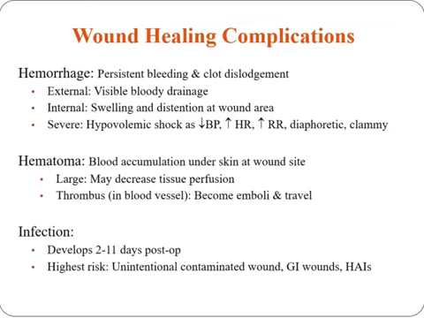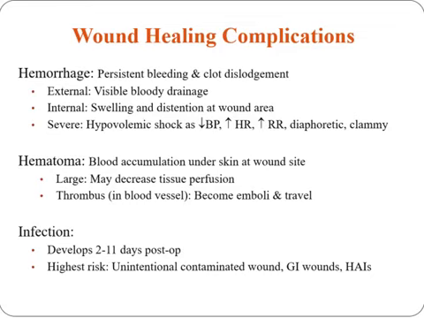Another complication is hematoma. Hematoma is a fancy word for a bad bruise. Blood accumulates under the skin at the wound site. They can be very large. I've seen a lot of really large, painful hematomas in a lot of the traumas that I saw on my trauma floor, motorcycle accidents and things like that.